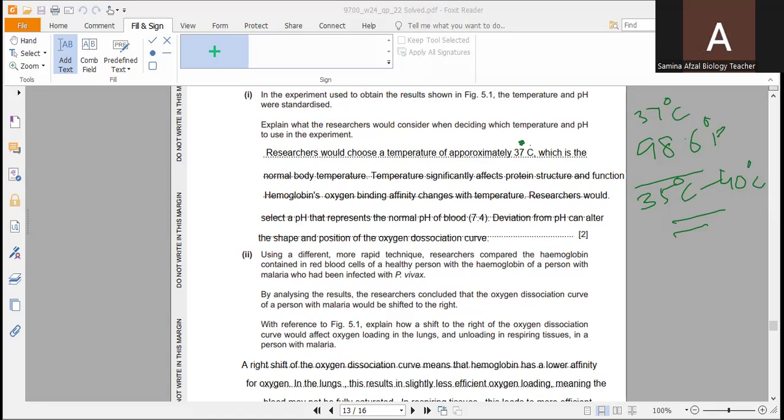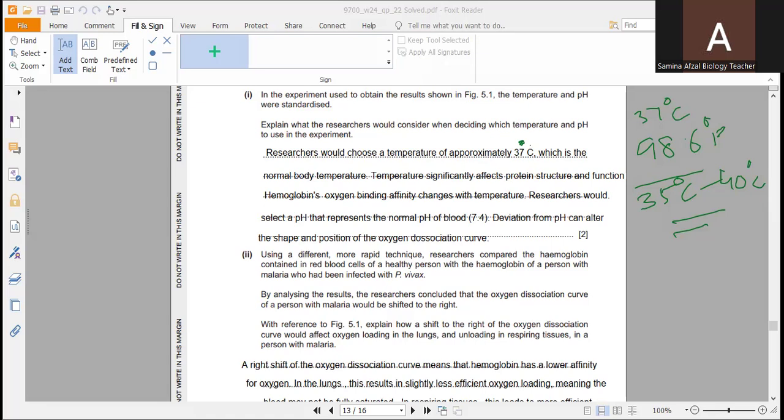Standardizing temperature and pH ensures the experiment is reliable and reproducible by other researchers. Using these conditions also ensures that the results are biologically valid and applicable to understanding oxygen transport in the human body.